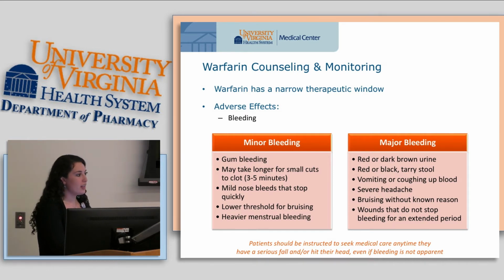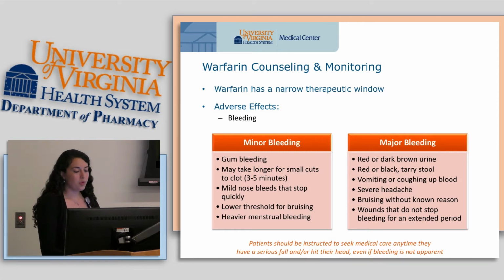Depending on the severity, they could either go to the emergency room, specifically for the blood in the stool or vomiting, or they could make an appointment with their provider as soon as possible. But oftentimes, especially if you're on the phone and you're not really sure how severe it is, you could always just send them to the emergency room just to be sure, because the risk is very high.